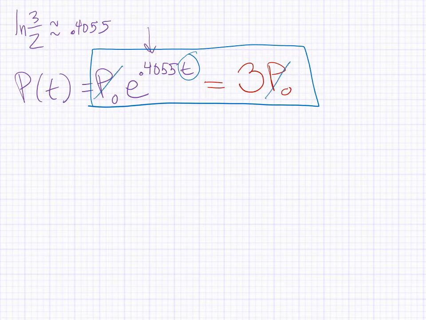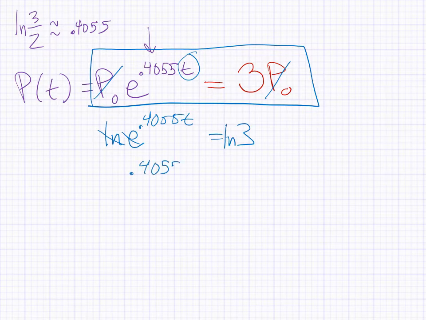If we solve this, it's pretty simple. Divide the P sub 0 out. Take the log of both sides. So log of e to the 0.4055 t equals log of 3. These cancel. 0.4055 t equals log of 3.